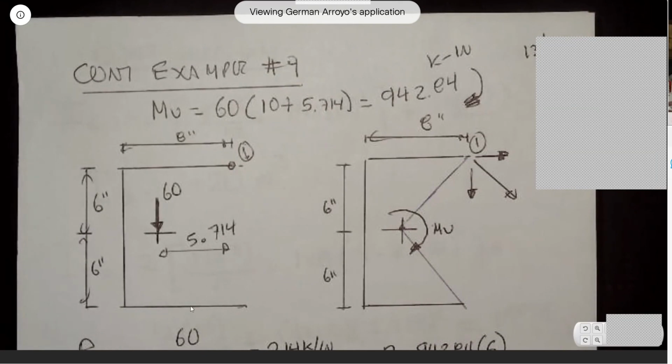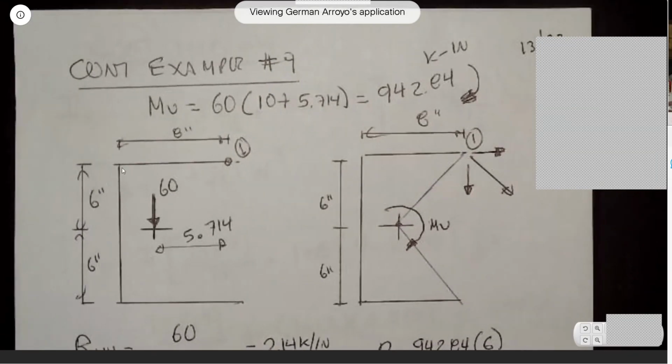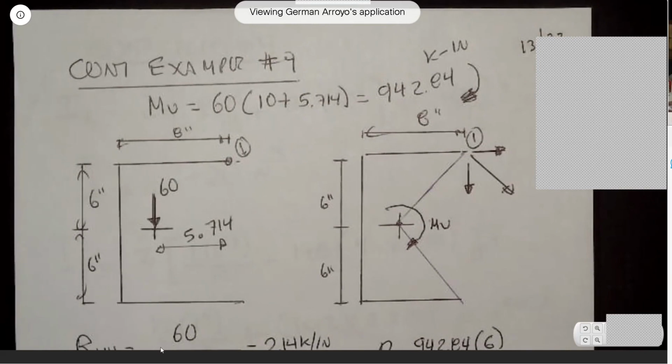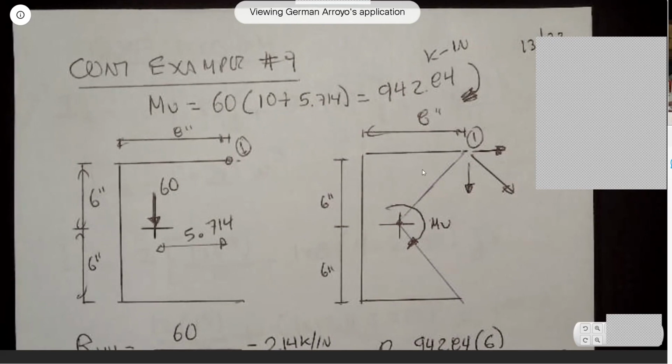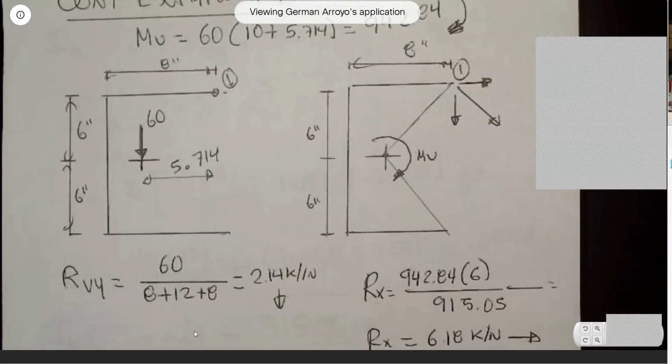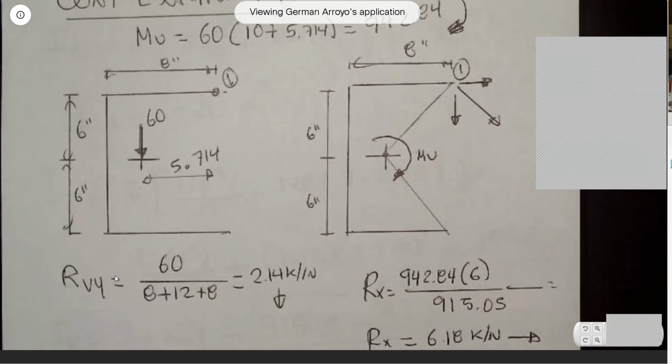So resisting the direct shear, we had 8, 12, and 8 more in here. So 8, 12, and 8. That's what I had in here. The direct shear in Y is the force divided by how many inches of weld we have. I'm writing 8 here, 12 from there, but in general, you just need to add everything together.